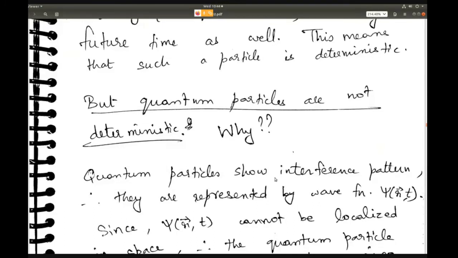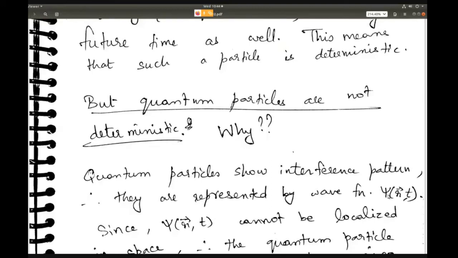Why? Because quantum particles show an interference pattern. Therefore, they are represented by the wave function. Now, the property of the wave function is nothing but the wave equation, right? So it is A e power i phi. That is your equation of the wave function. The property of a wave is that, by definition, a wave is something that cannot be localized in space.